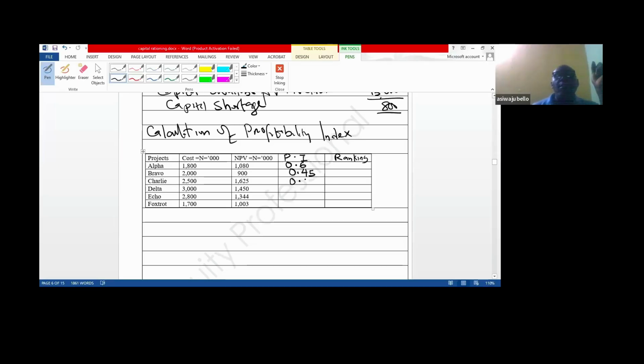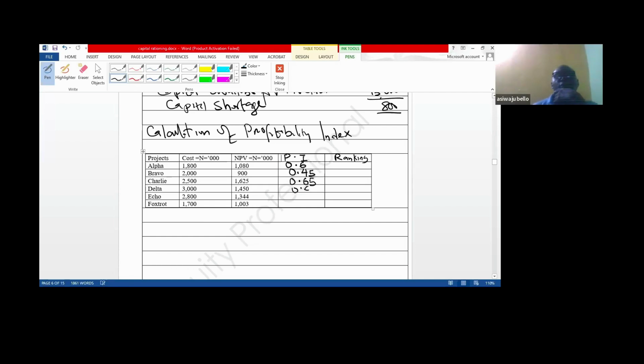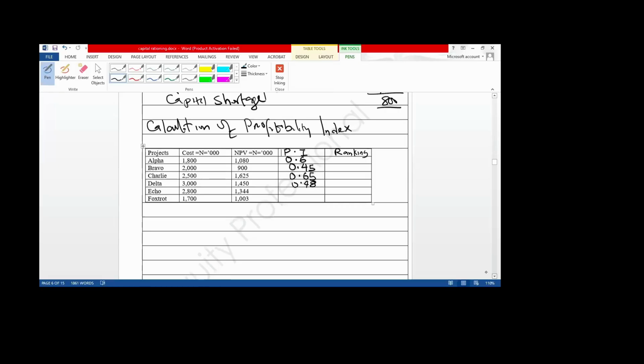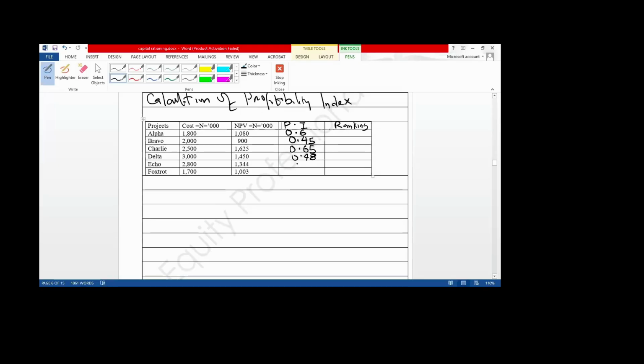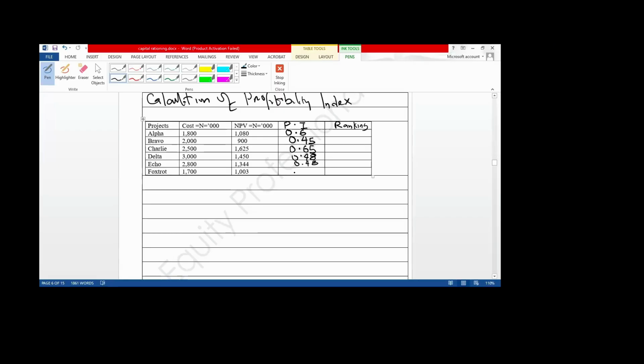Next, 0.48. Next, 0.48 again. Next, 0.48 again. Next, 0.59.